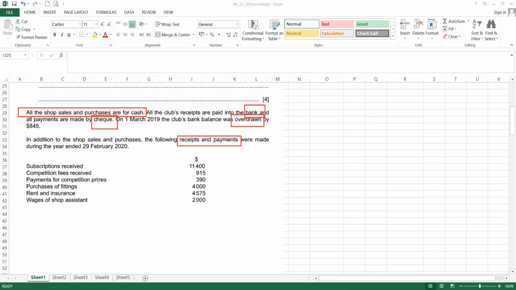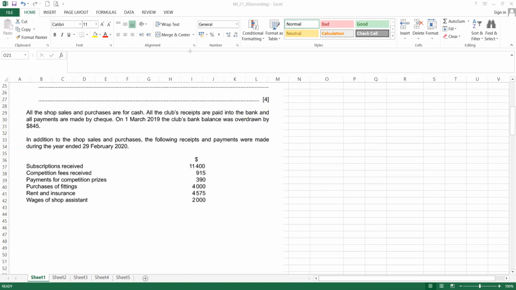Payment for competition prizes, that means a payment, so it is on the credit side. Purchase of fittings, you have to pay, so it's also on the credit side. Rent and insurance, you have to pay, so this must also be on the credit side. Wages also must be on the credit side because you have to pay the workers.